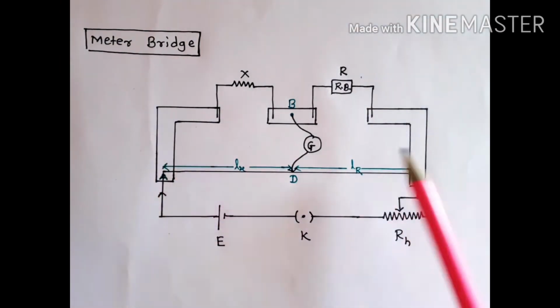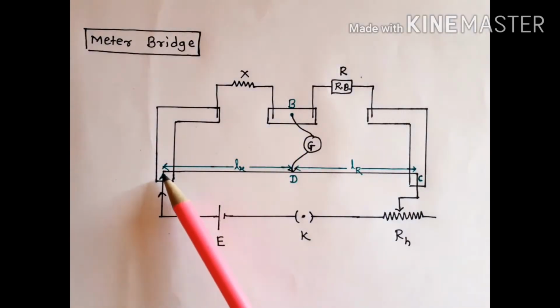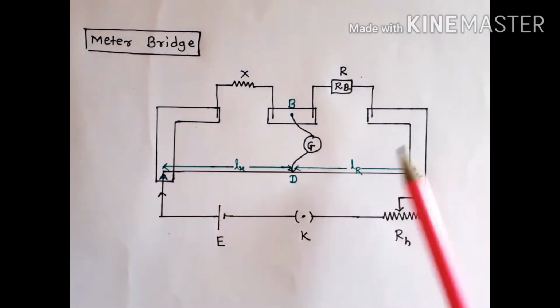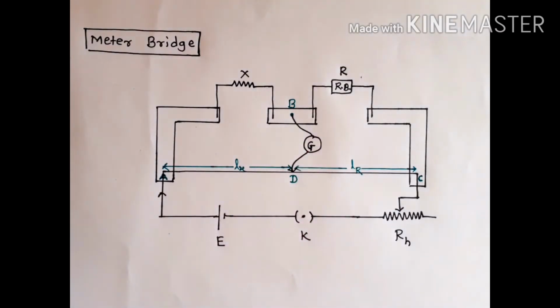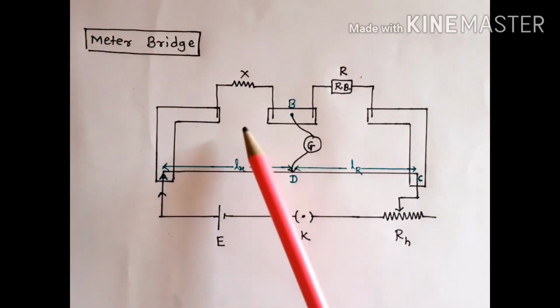See the shape. These are the two L-shaped plates, and this is the metallic strip. The metallic strip is placed between two L-shaped plates in such a way that two gaps are formed.